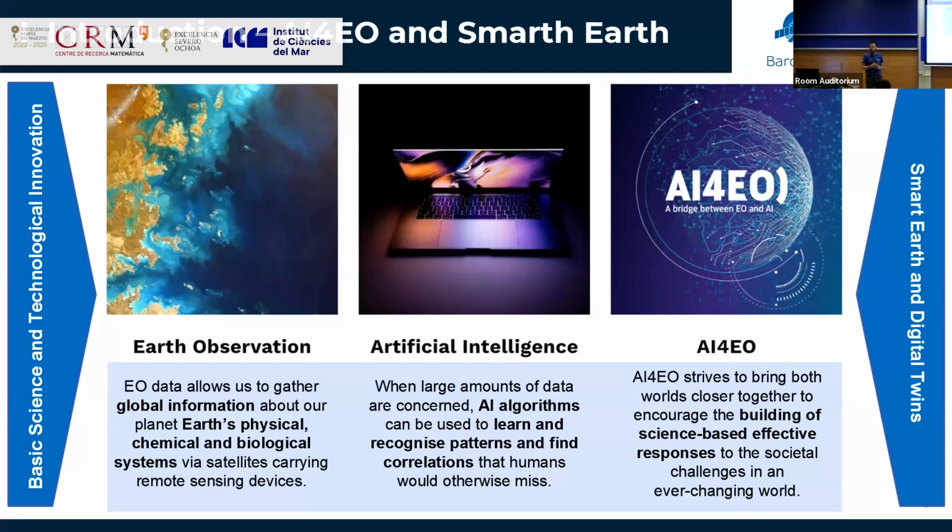Probably some of you have heard of this, a European initiative that is trying to build a replica model of the Earth system in order to better understand the behavior and evolution of different aspects, like, for instance, climate change or environmental effects. And it is very well driven by artificial intelligence, actually.